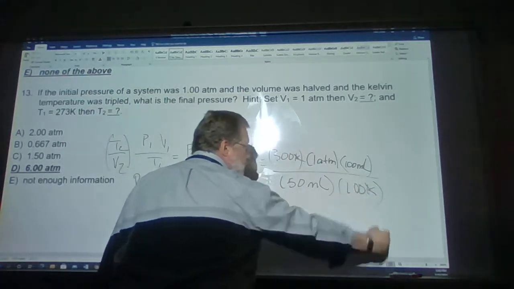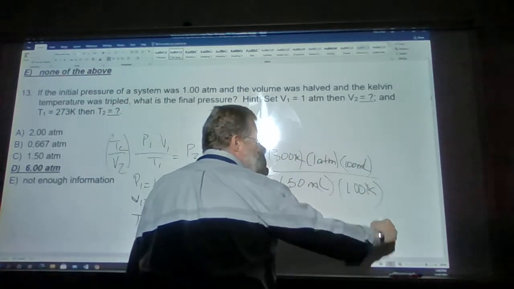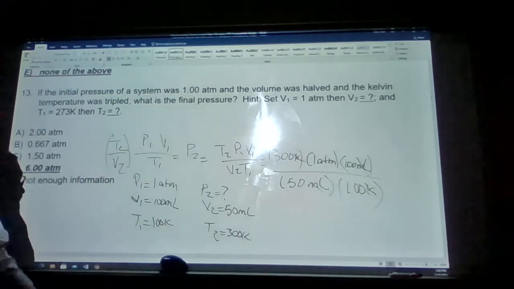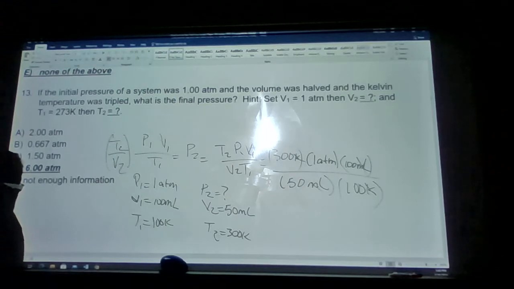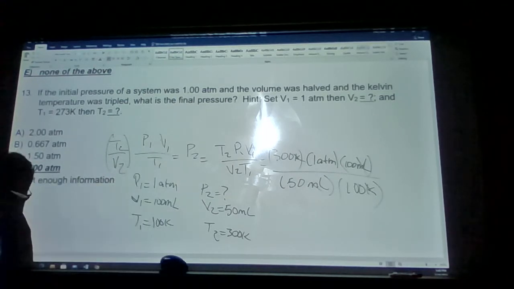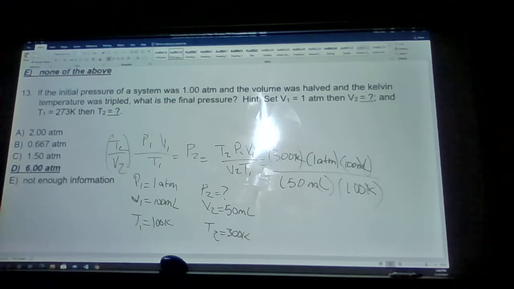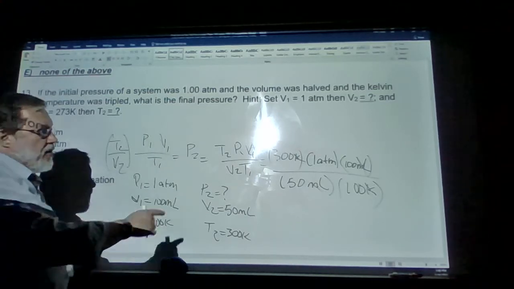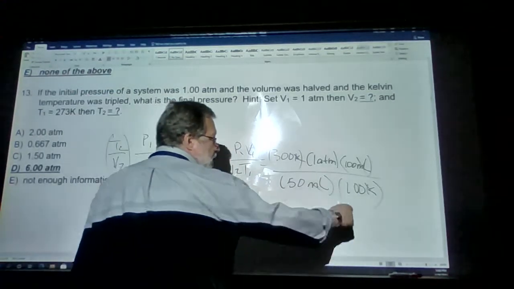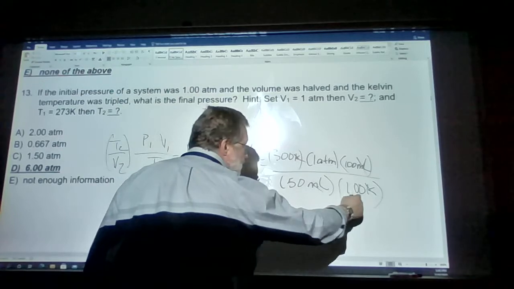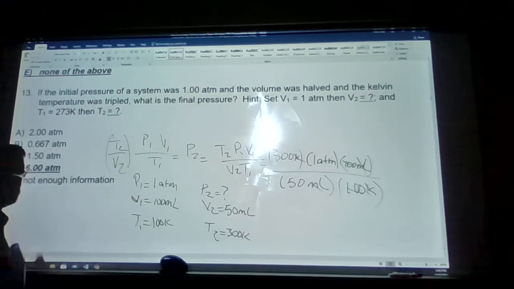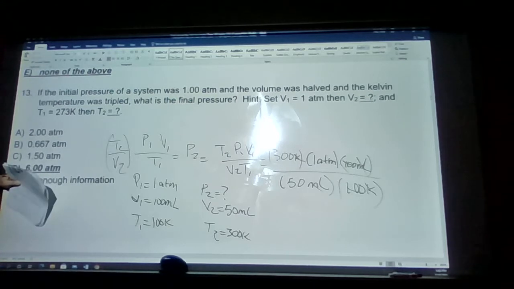K above, K below, ml below, ml above. What units are we left with? atm. What units were we asked to calculate for? Pressure, atm. Are we in units of pressure? Yes. So we have 300 times 100 divided by 50 divided by 100. So the 100s cancel. So it's 300 divided by 50, 6 atm.